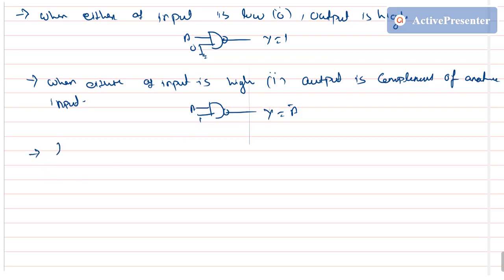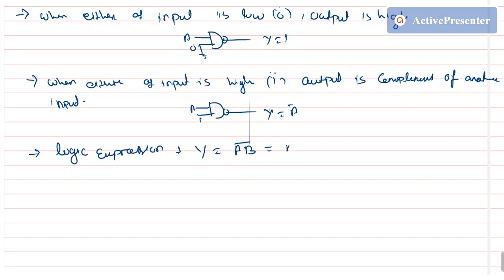Then what is the logic expression? I have already written. The logic expression will be Y equals to A B bar, sorry, Y equals to (AB) bar. (AB) bar means it is a NOT gate in front of an AND gate, so it is AB, then your NOT gate is, you have to put a bar.